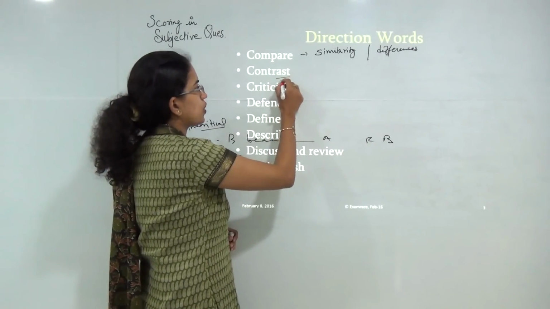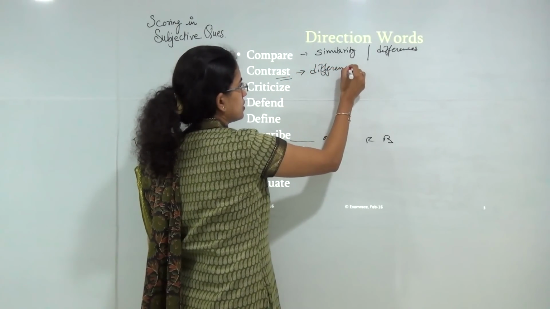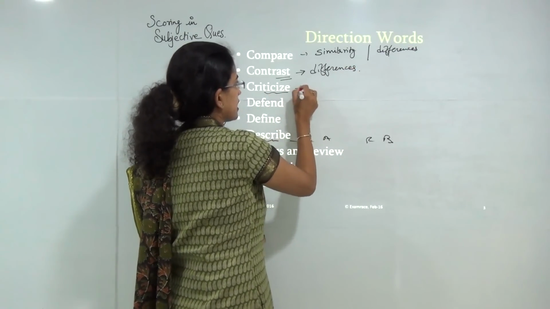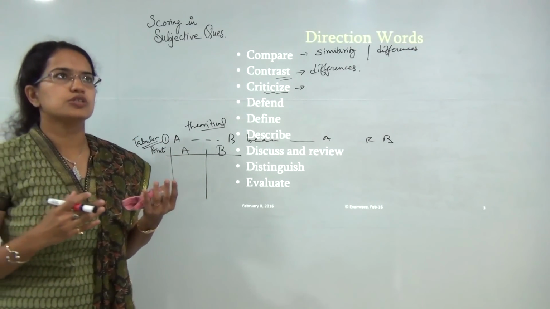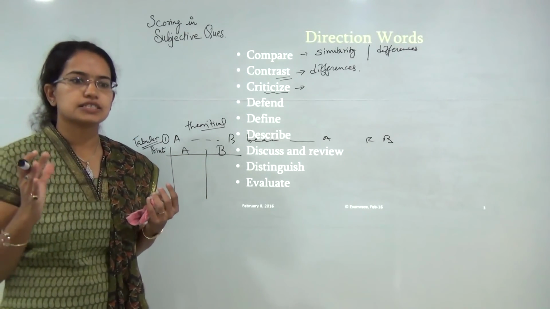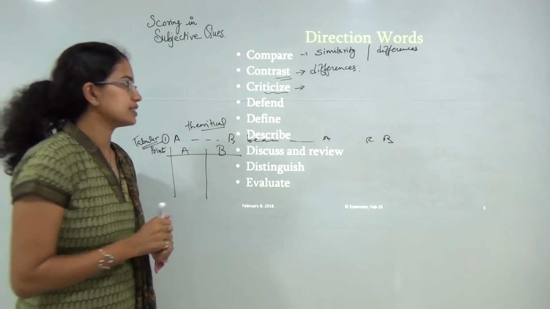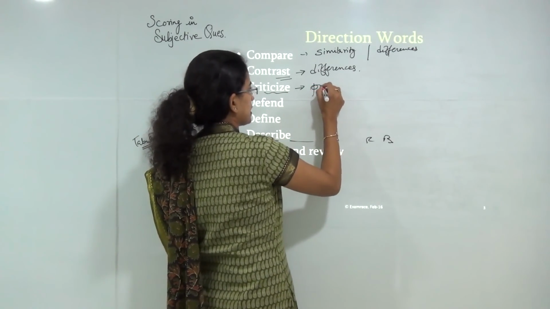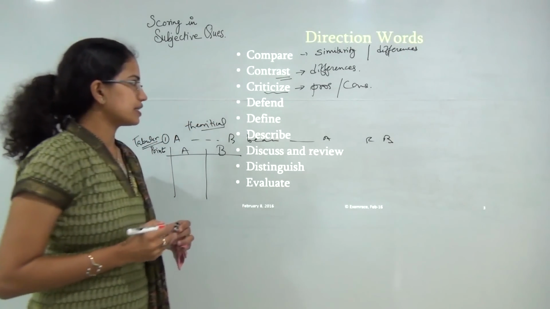Then when you are asked to contrast, you are supposed to write down the differences. Criticize means you are trying to find out the pros and the cons of a topic, so plus and minus. Pros and cons of any topic would be covered under criticism.